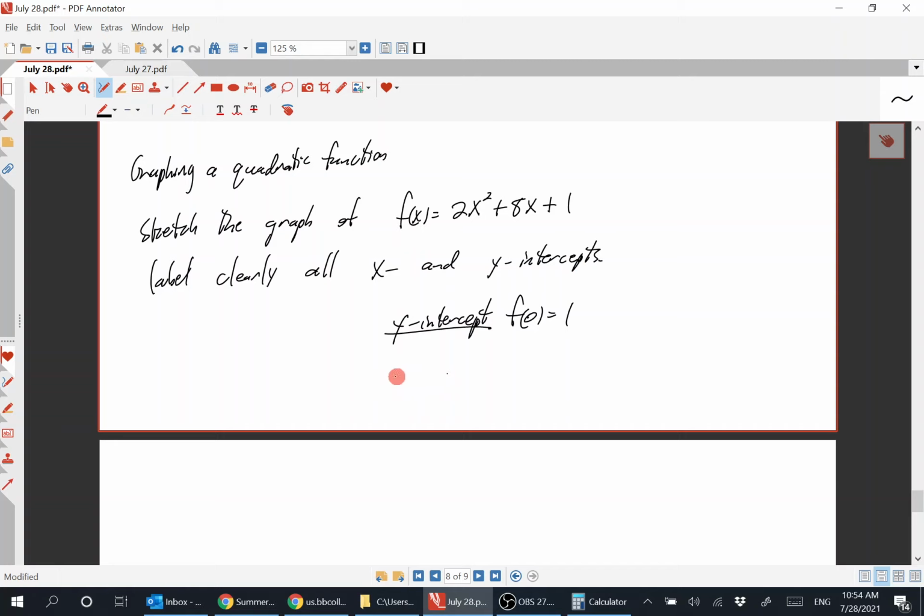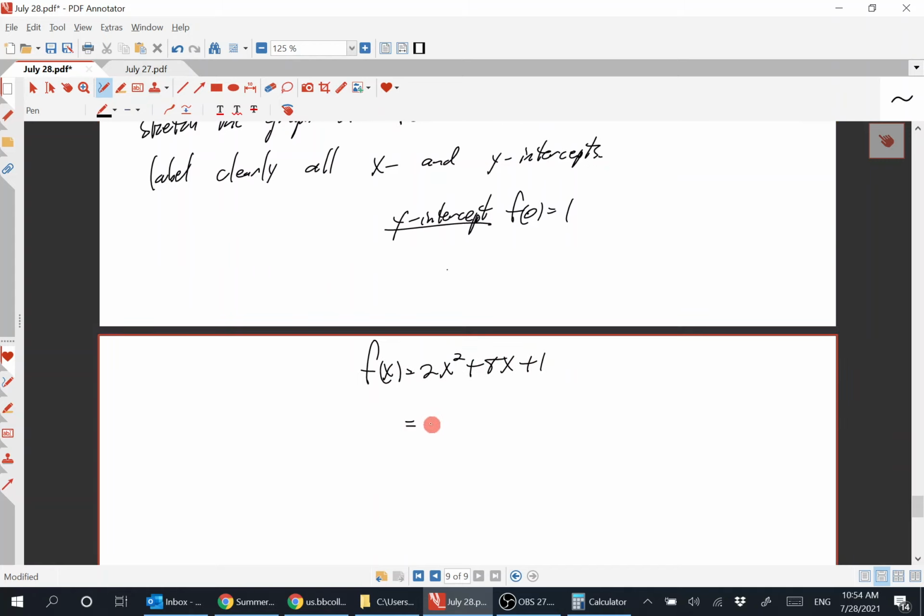And then the vertex, we'll complete the square. So f of x is 2x squared plus 8x plus 1. You factor the coefficient out from the first two terms, and then you complete the square on the inside first. So 4, you divide by 2, you get 2. Square it, you get 4. So you're going to add 4 here. And then on the outside, you have to subtract 4.